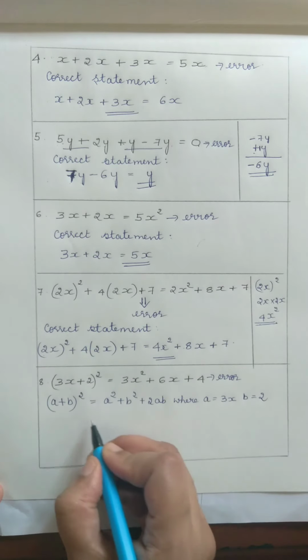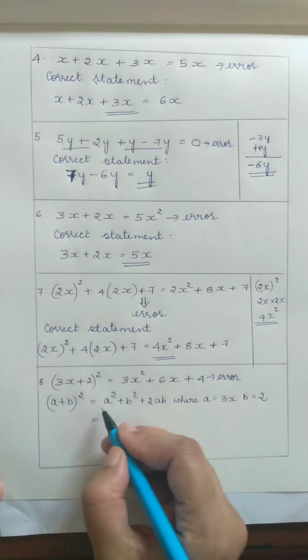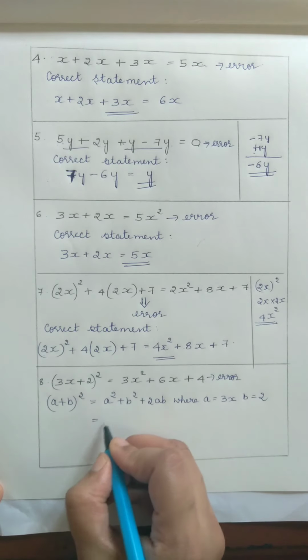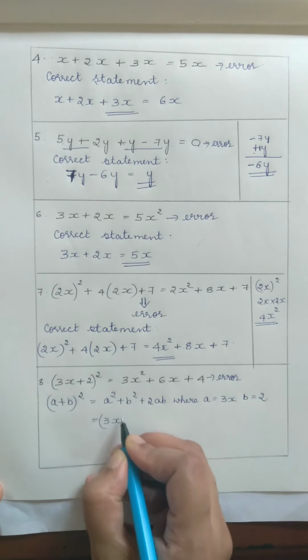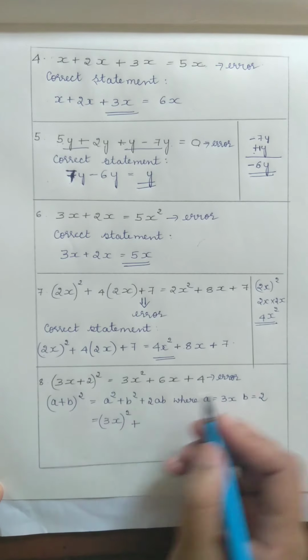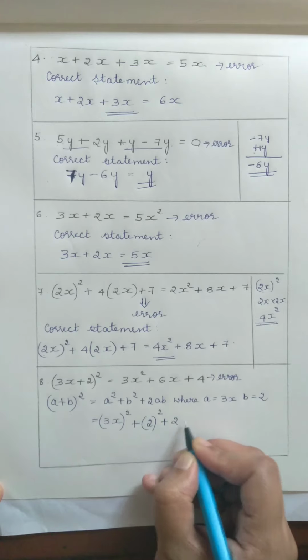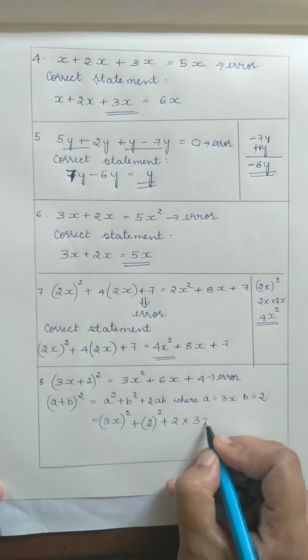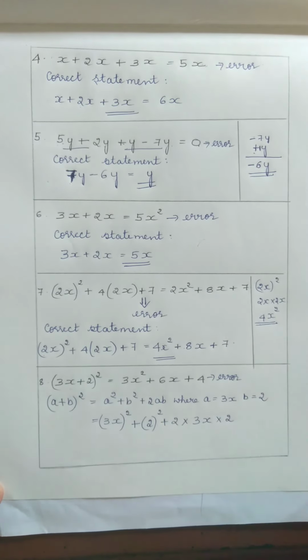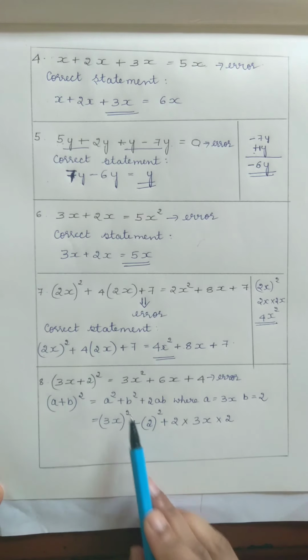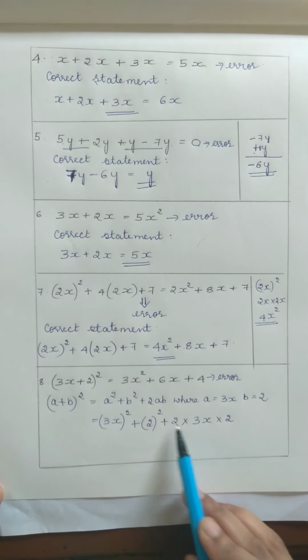Now, let us substitute the values in this identity. a square, since we know a is 3x, whole square, plus b square. The value of b is 2, so 2 square, plus 2 into the value of a, which is 3x, and the value of b, which is 2. So, a square plus b square plus 2ab.